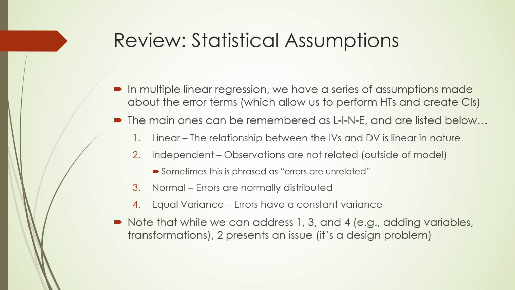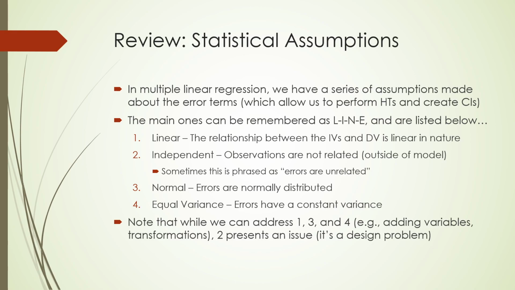So in previous courses, you've probably talked through how to address number 1, 3, and 4. Linear, I mean, we add in a squared term or a cubic term, and we can create some curves in there. Number 3 and 4, normality and variance, we often try transformations. But 2 is a little bit different.